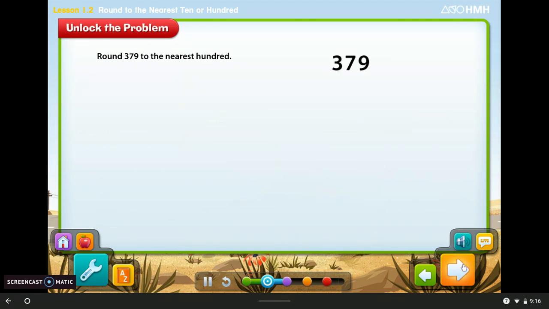We can do that same thing for rounding to the hundreds as well. Can you guys tell me what digit is in the hundreds place? Hopefully, while I'm asking that question, you know that the 3 is the number in the hundreds place. Remember, ones, tens, hundreds.